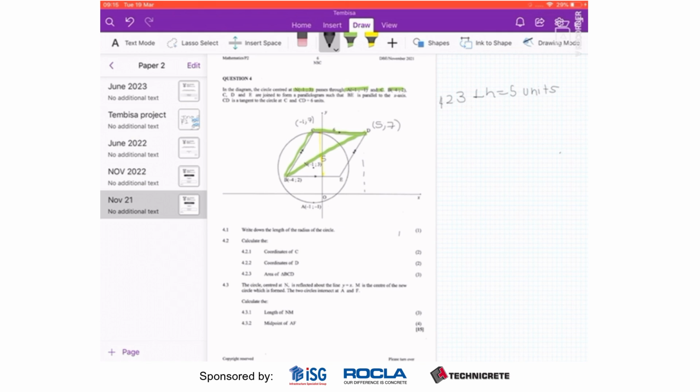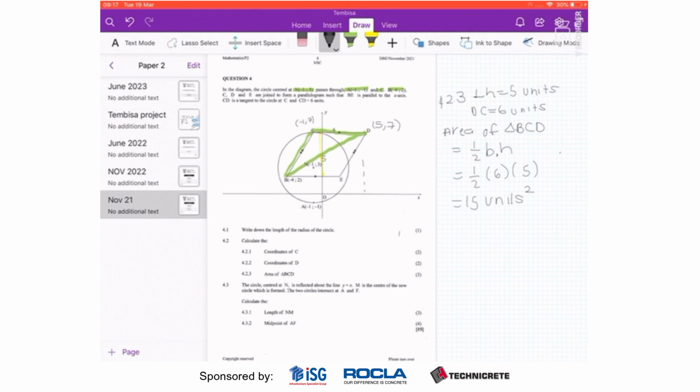And we know that DC is 6 units, it's given to us. So I can calculate the area of triangle BCD is equal to half of my base times my height, which is going to be half of 6 times 5, and that is going to give me 15 units squared. Don't forget to add in that squared.